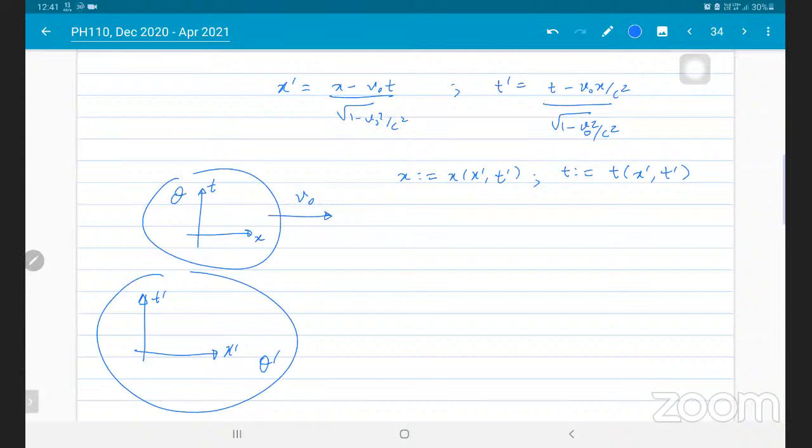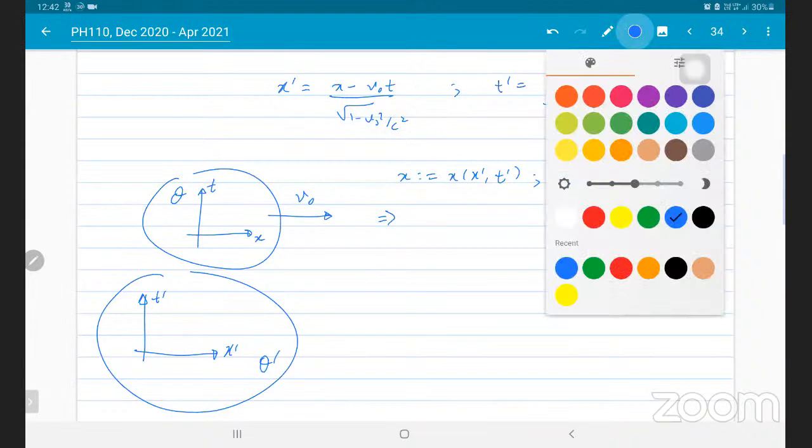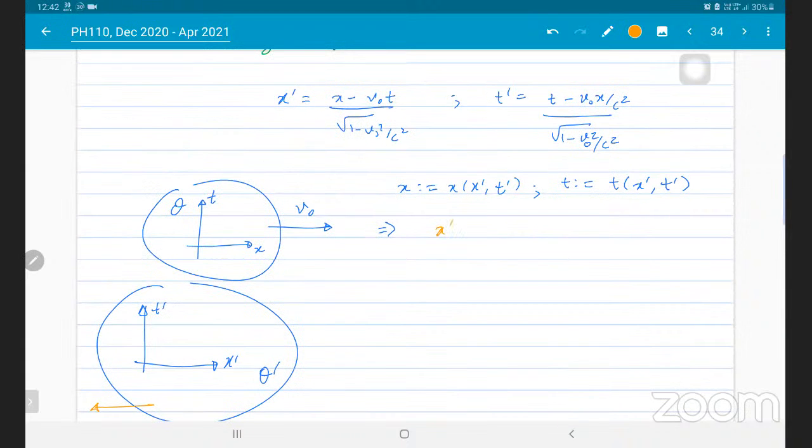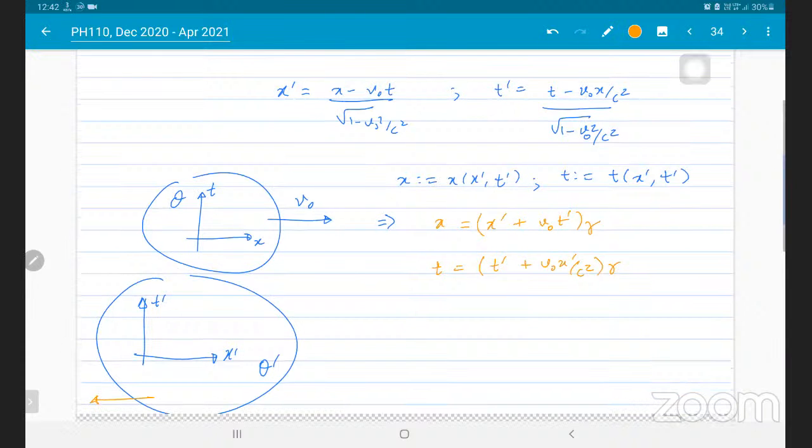Then the principle of relativity tells you that the only change is that O prime is moving in the opposite direction with a speed minus v naught, right? So what would be the relationship between the coordinates in that case? It would be x equals gamma times (x prime plus v naught t prime). Gamma remains the same because gamma only depends on v naught. Okay.